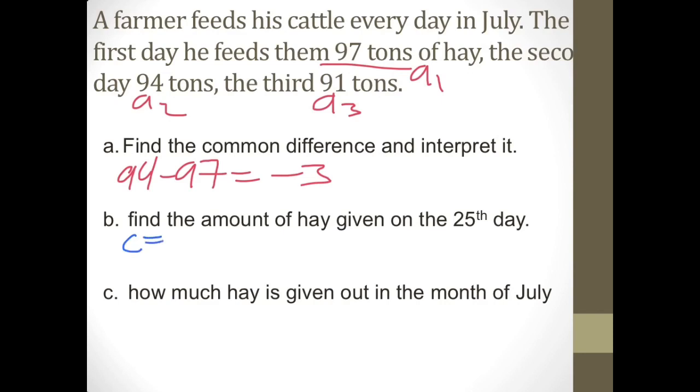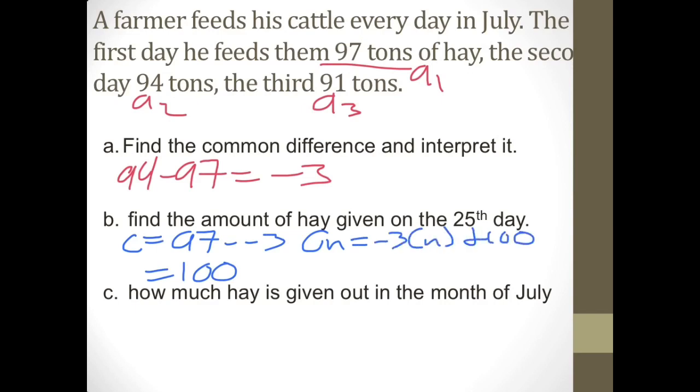And c is going to be 97 minus -3, which is 100, which means that my formula is going to be -3 times n plus 100. If I plug in 25, then I should get 25, which means that by the 25th day, he is only feeding them 25 tons of hay. Apparently, this farmer is either running out of hay or putting his cattle on an extreme diet.